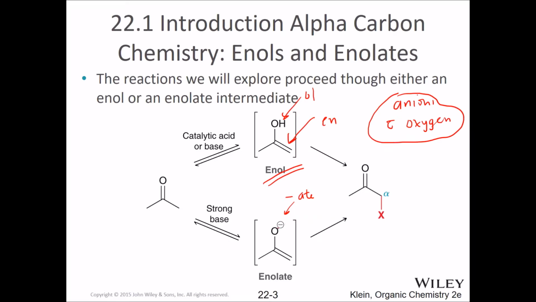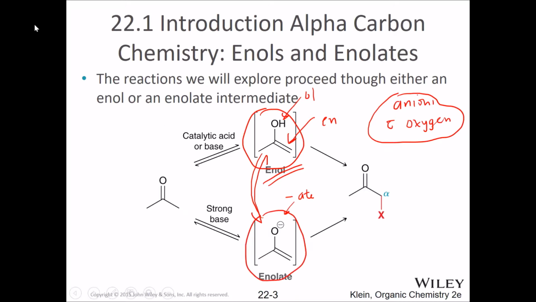And so that's where the enolate comes from. That's an enolate, that's an enol. Can you see that this simply is the conjugate acid of this base, or that is the conjugate base of this acid? Right. So the reactions that we're going to look at in this chapter go through an enol or an enolate intermediate.